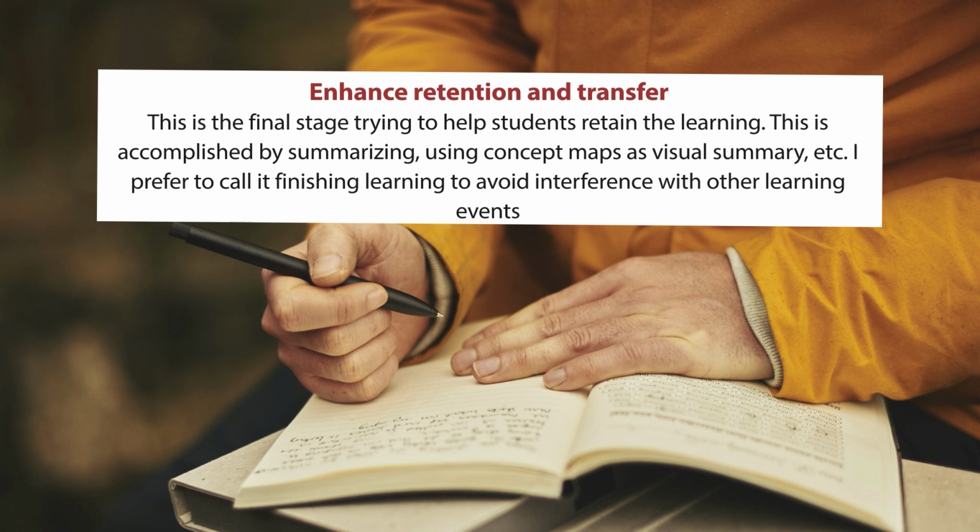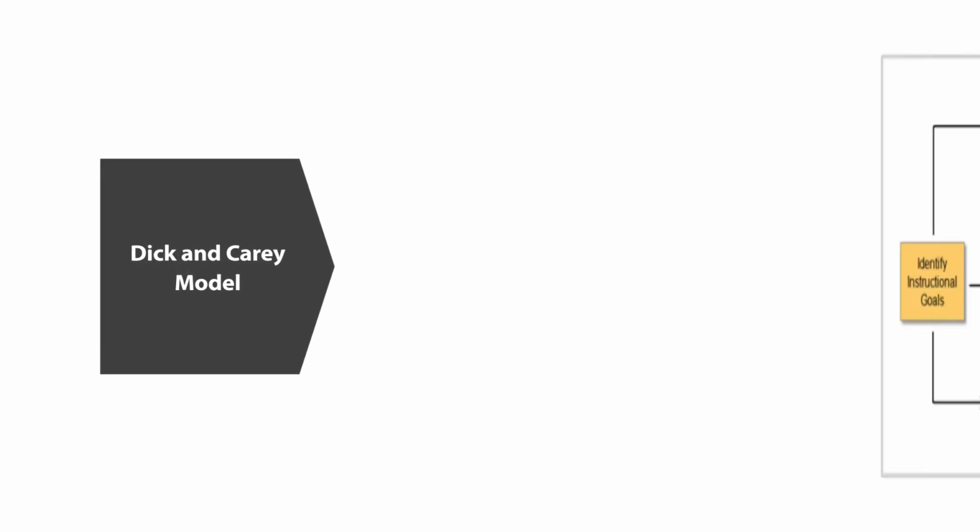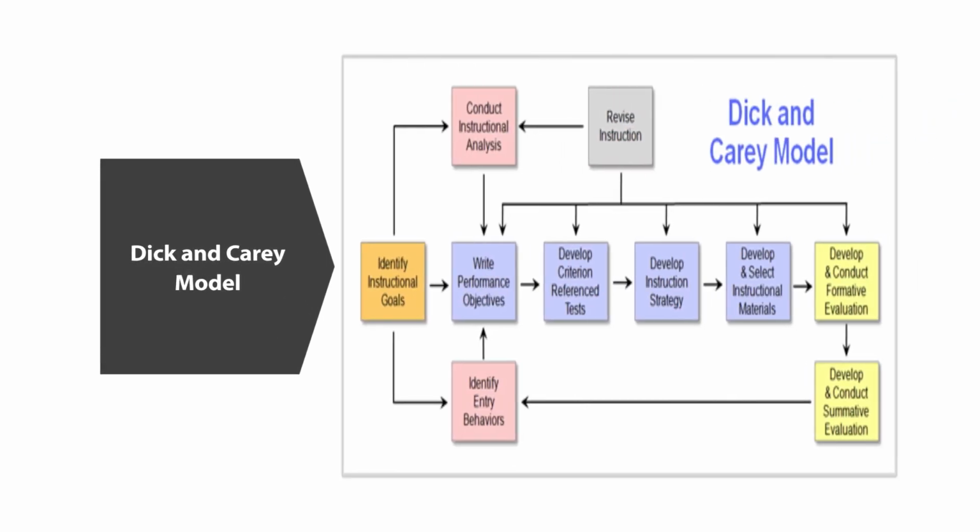What do we do? We summarize here. We use concept maps or visual memory so that the learning is transferred. This is a brief about Gagne's model of 9 steps of instruction. The next model of instructional design is the Dick and Carey model.